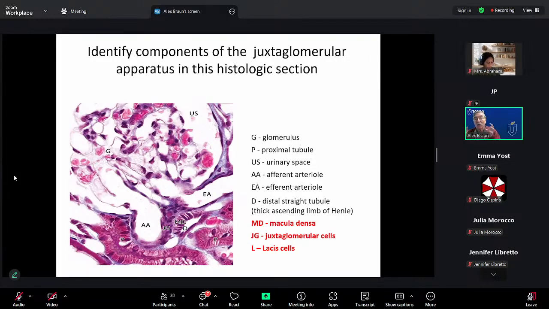You may learn about them more in physiology, but this apparatus senses these changes and helps the body restore fluid content and blood pressure, to help absorb more salt and more water. One of the principal ways is by the release of renin from the juxtaglomerular cells, helping to trigger the renin-angiotensin-aldosterone system, retaining more salt and more water, raising blood pressure.